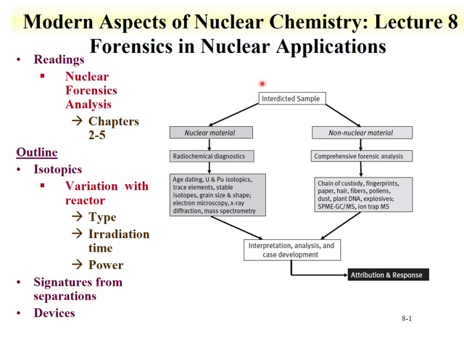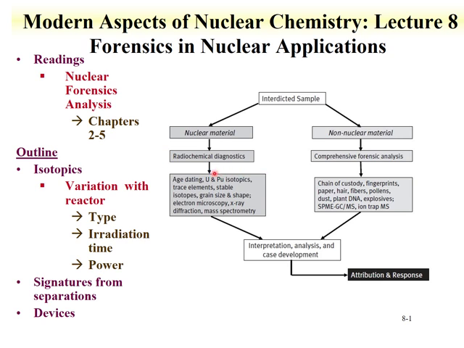An overview of this lecture is shown here, where if one has a sample and one wants to understand something about the nuclear material to evaluate where the material was derived from, how it was intended to be used, and how it could potentially be used after its interdiction, one could perform some radiochemical diagnostics and analysis.